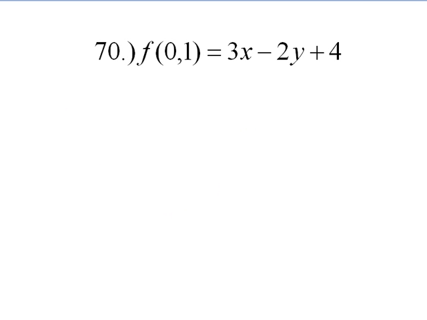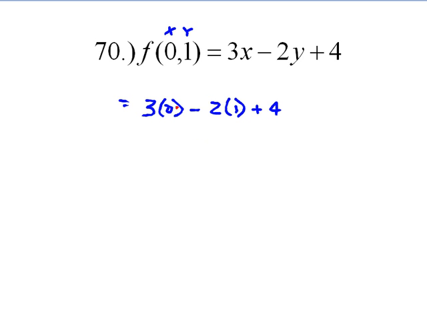Okay, here's a function that gives you both an x and a y value. This is an ordered pair. The first one is always x, the second one is y. So let's put it into our function. 3 times 0 minus 2 times 1 plus 4.